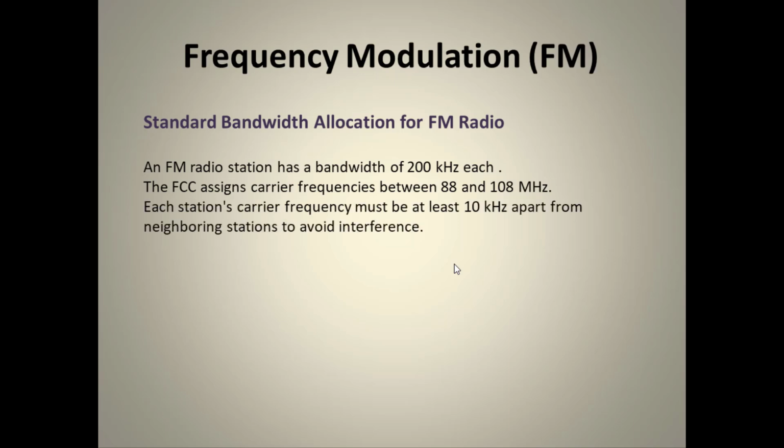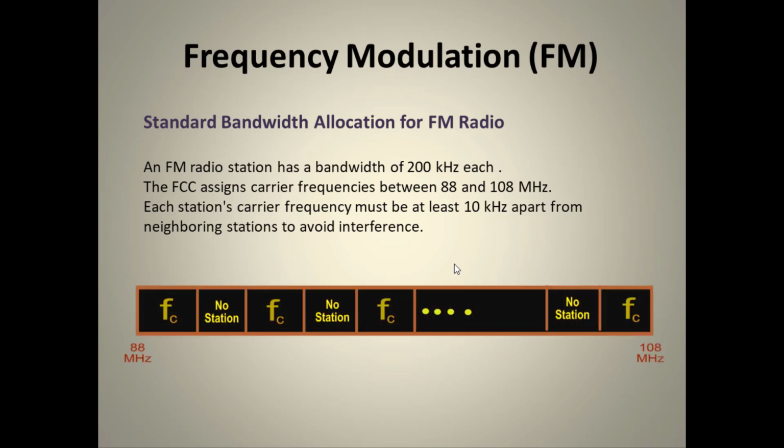Each station is separated so that there is no interference. So it starts from 88 megahertz and goes up to 108 megahertz, and every station gets a bandwidth of 200 kilohertz, which is 20 times more than AM. Therefore the quality of FM is much better than AM radios.